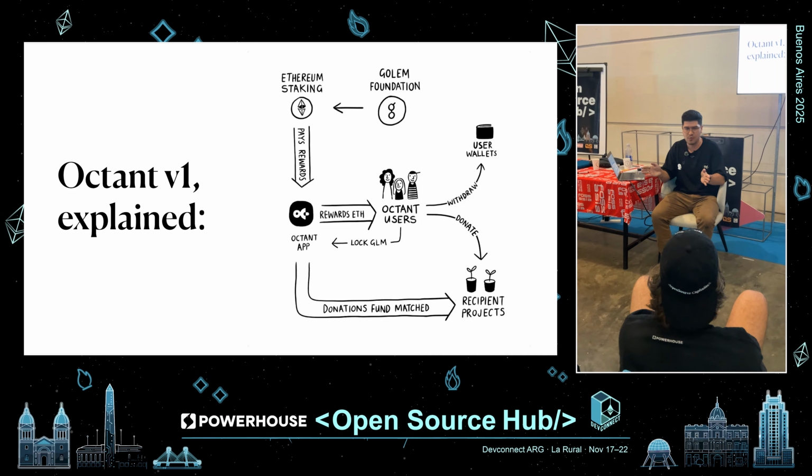Is everyone here familiar with quadratic funding? Yes? Okay. No? So basically, quadratic funding in a nutshell is a way of voting that disincentivizes whales from overfunding one project because they have more tokens.